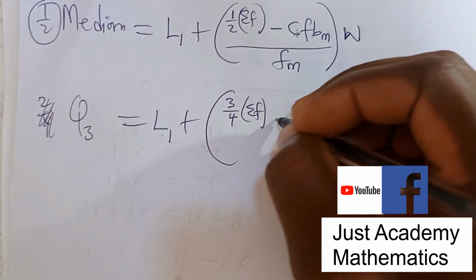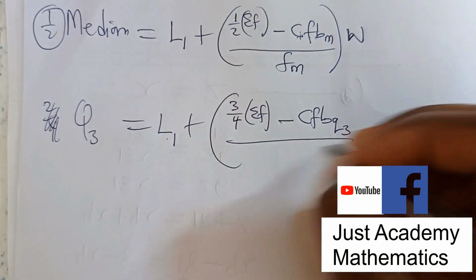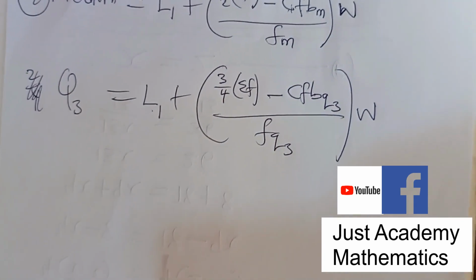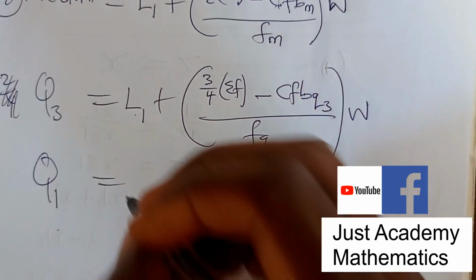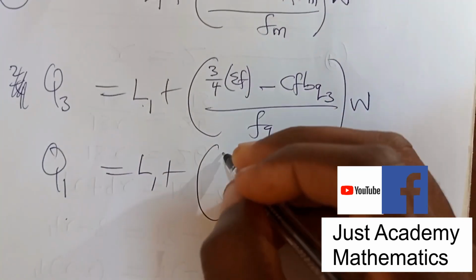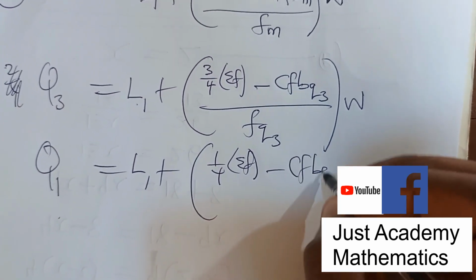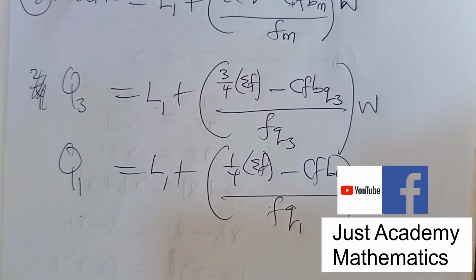Times this minus cumulative frequency before the third quartile all over frequency of the third quartile times W. Can you see that now? So if it is first quartile, lower quartile, use L1 plus 1 over 4 times frequency minus cumulative frequency before first quartile over frequency of the first quartile times W.